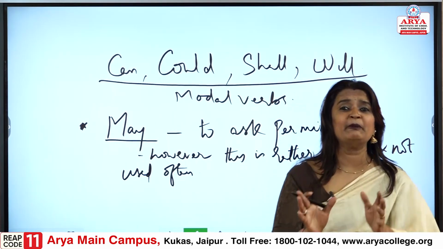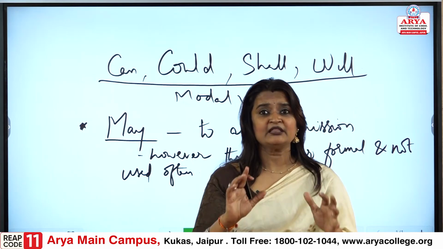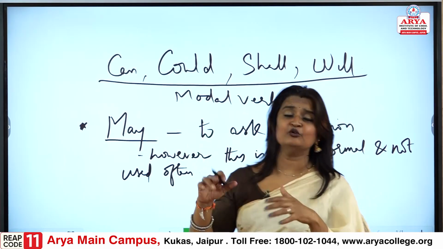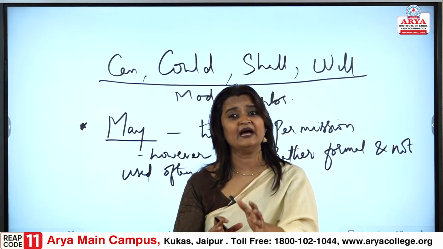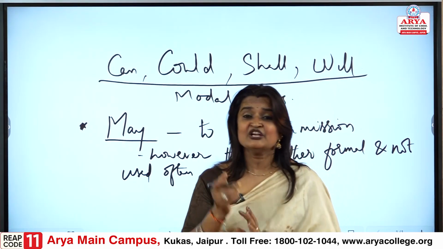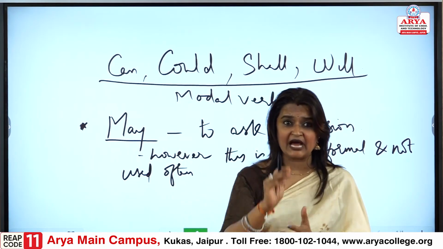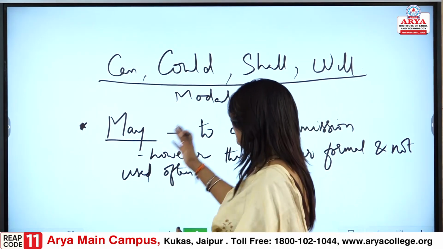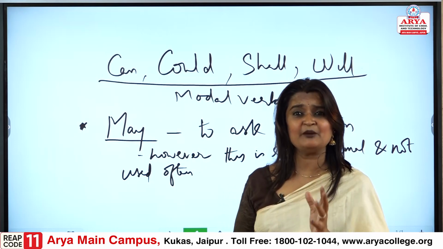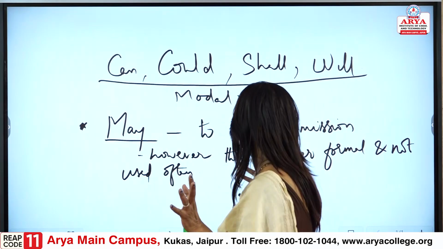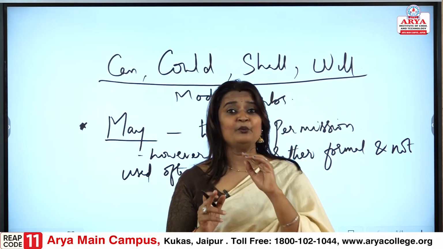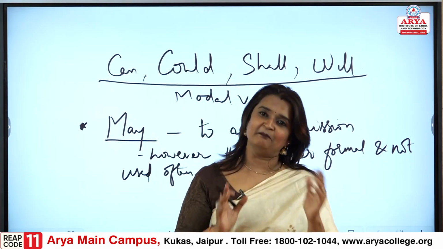Usually people go with may and can, but they use more of can, less of may, when having a conversation. May is a more formal way of asking permission. When we want to take permission, we say may.